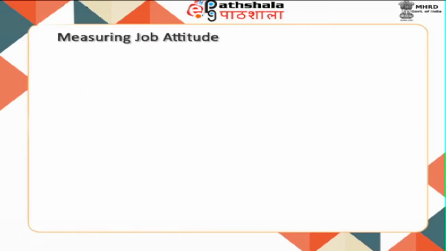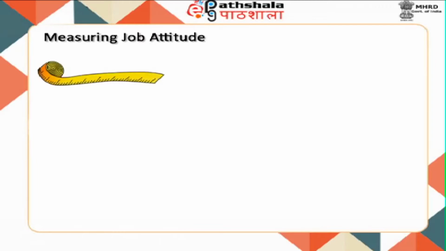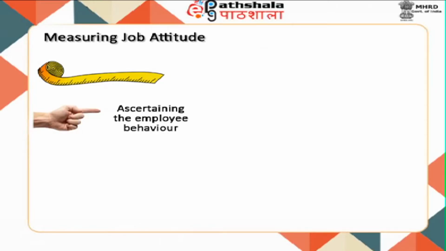Measuring job attitude. Why are organizations required to measure the job attitude, and what specific benefits will it garner? The answer lies in the control aspect of management. If the managers are well aware of the job attitude, it would surely help them in ascertaining the employee behavior.